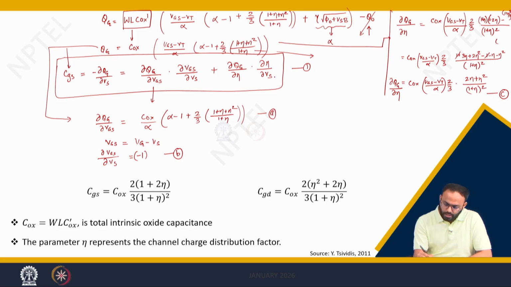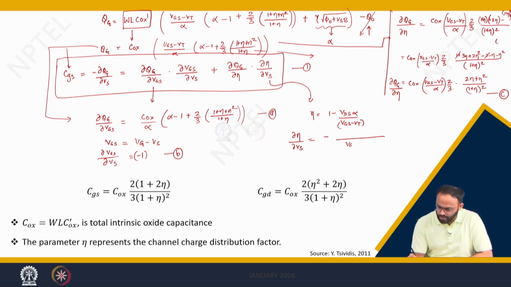Now we need to find delta eta by delta Vs. So eta is defined as 1 minus Vds divided by Vgs minus Vt into alpha. So you need to differentiate with respect to Vs. So delta eta by delta Vs is equal to minus, Vgs minus Vt whole square into Vgs minus Vt into this, the differentiation with respect to S. So it will give you what?